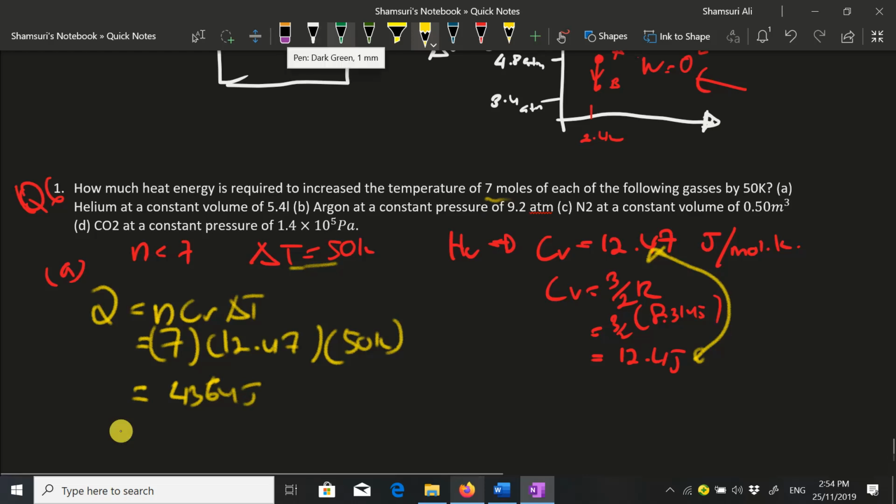We can go to the next question: argon at constant pressure, and nitrogen.